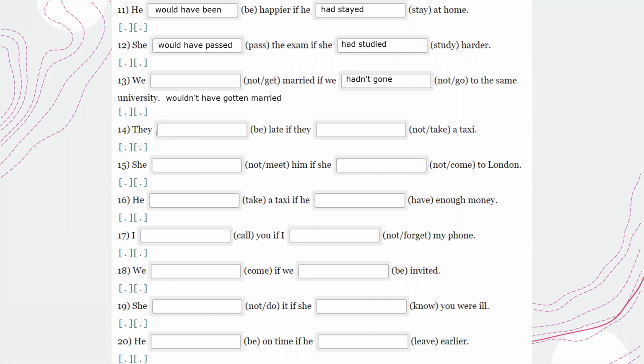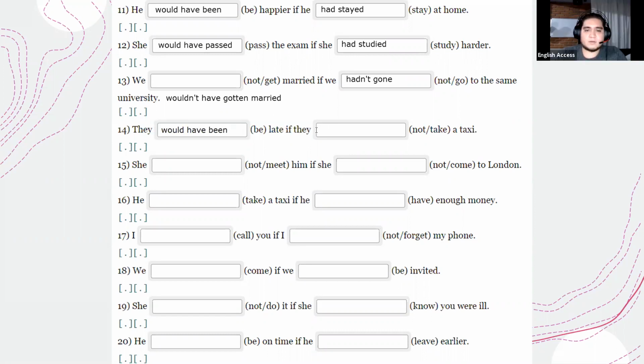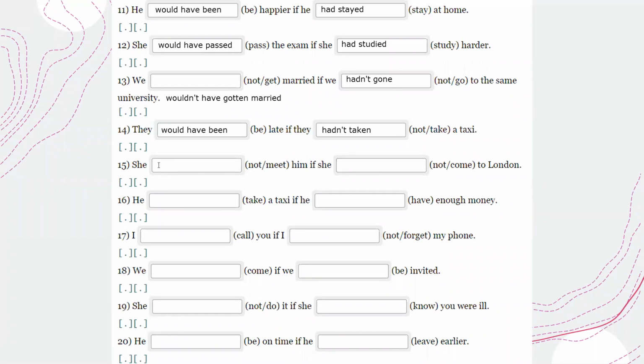Go ahead. They would have been late if they hadn't taken a taxi. Very good. Fifteen. She wouldn't have met him if she hadn't come to London.